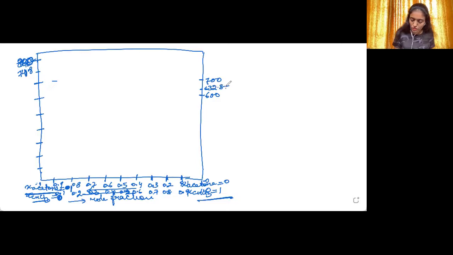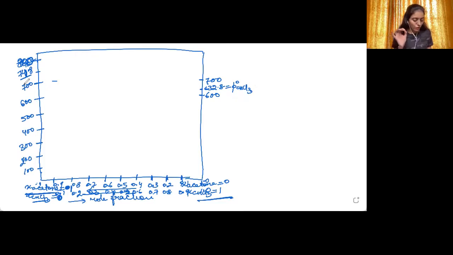So this is the P naught for chloroform. This was the P naught for acetone. Hope this is clear to you. You can just mark these now: 200, 300, 400, 500, 600, and 700. Hope this is clear.